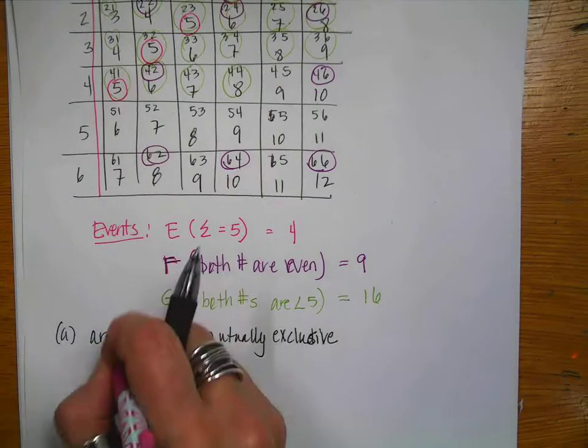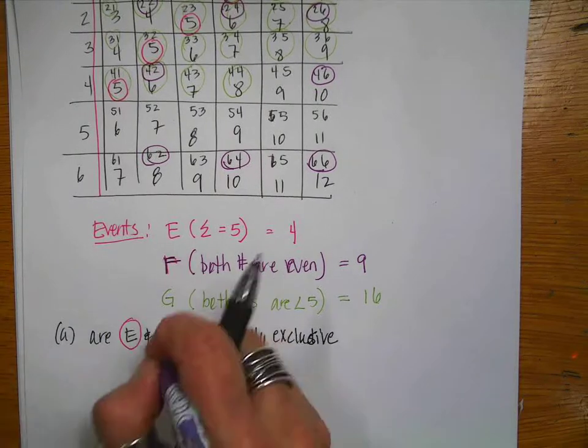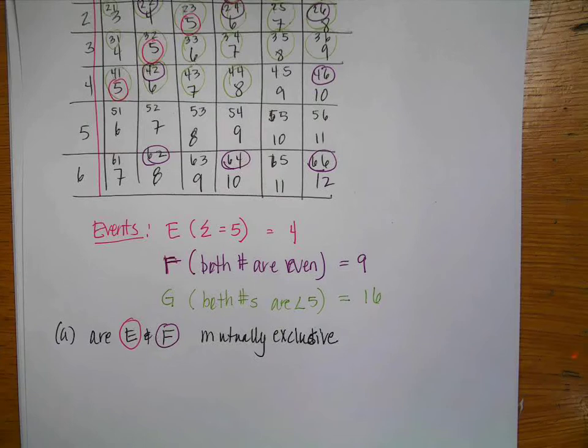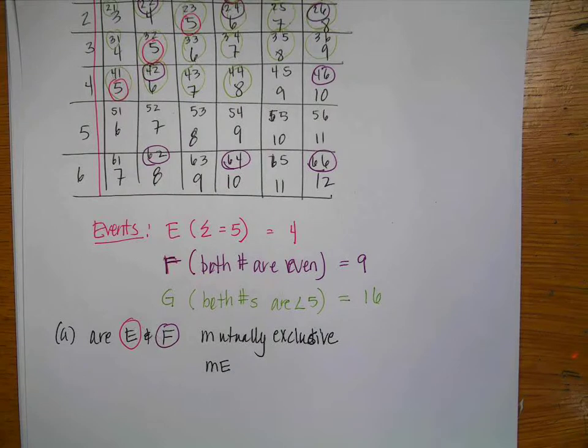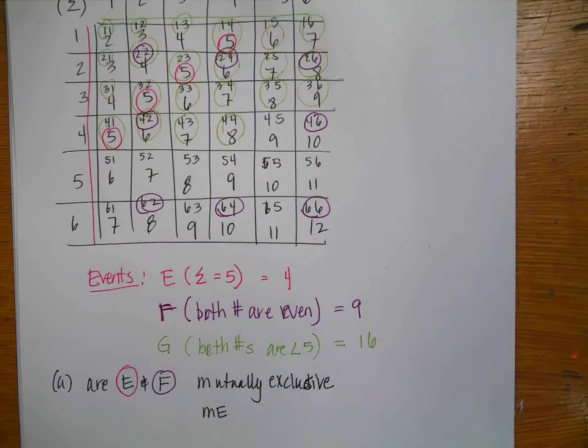So that's going to be pink and purple. So do our pink and purples overlap? Okay, so mutually exclusive means they don't happen at the same time. And if we go back and look at our chart, we'll notice that pink and purple never overlap. So this is a yes.